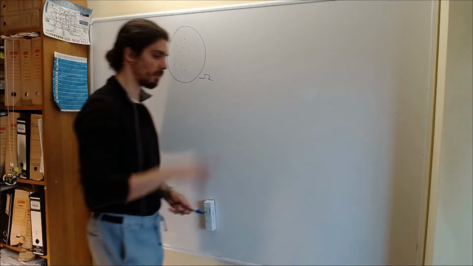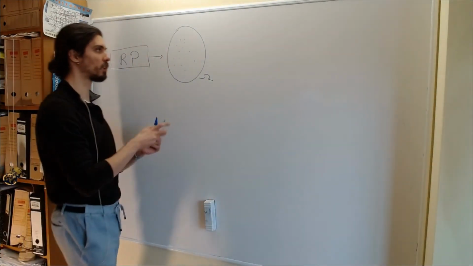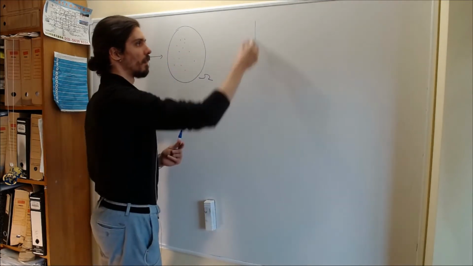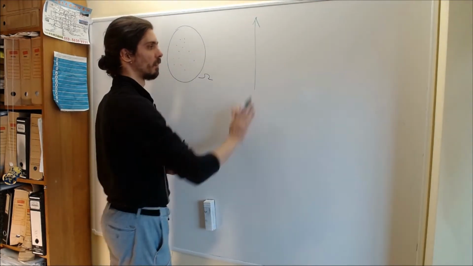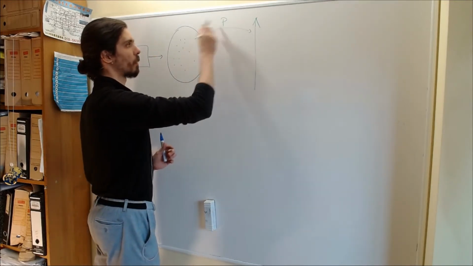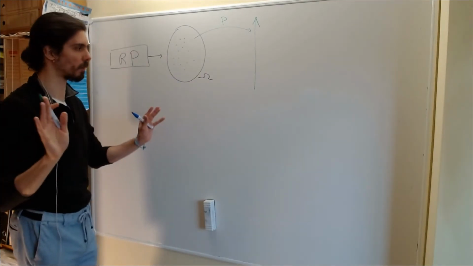And now, the probability function. The probability function assigns to each subset a real number, but subject to certain properties.